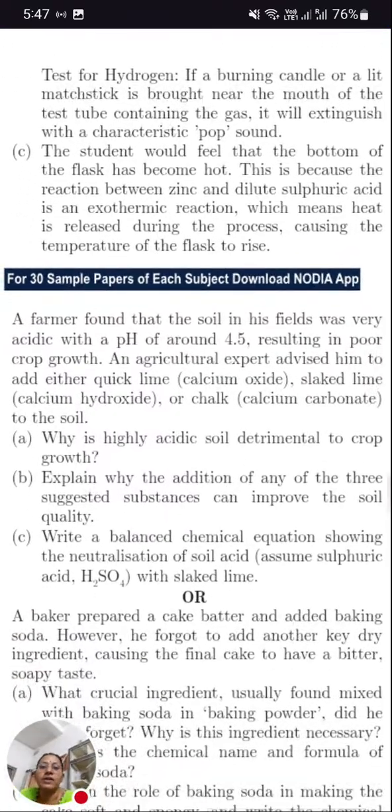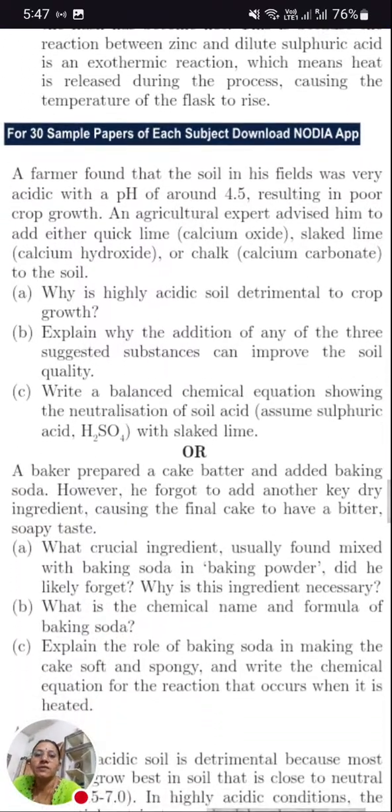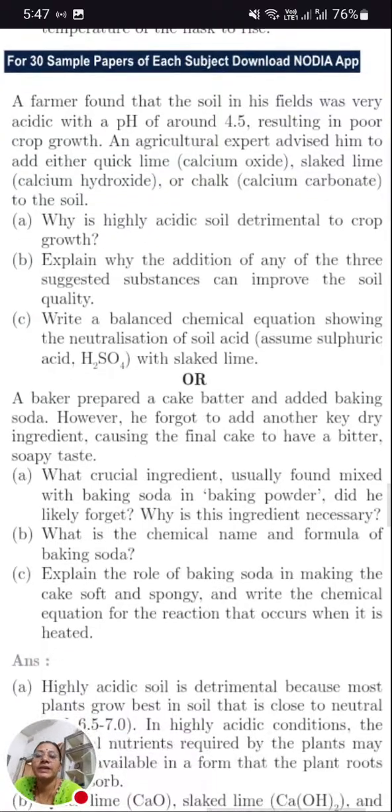Now the next question. A farmer found that the soil in his field was very acidic with a pH of around 4.5. Here the soil is acidic in nature, resulting in poor crop growth. An agricultural expert advised him to add either quick lime, slaked lime or chalk to the soil.